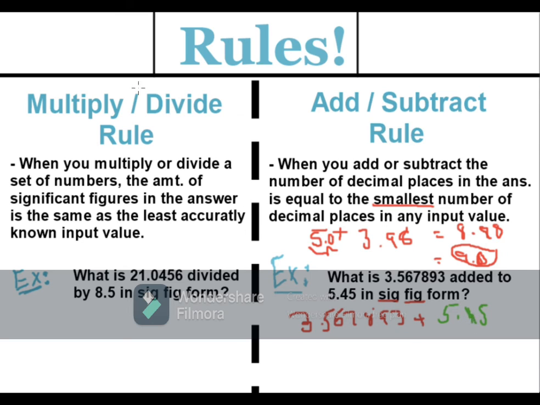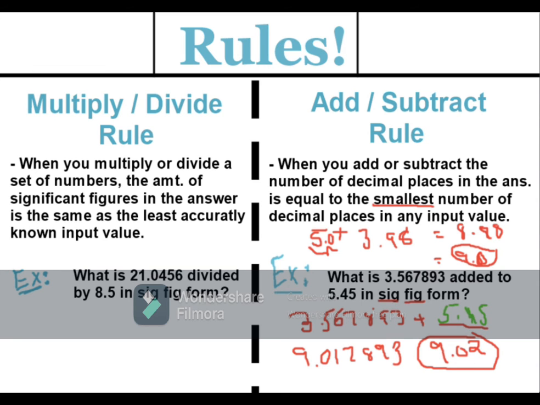You notice that I made the 5.45 a different color, since it has the smallest amount of decimal places, since the other one is a really big number. When you add them, you get 9.017893. If you want to say that in sig fig form, you can just round it to the nearest 2 decimal places, which is 9.02, since 7 is greater than 5, and then you estimate the 1 to be a 2. So that's 9.02.